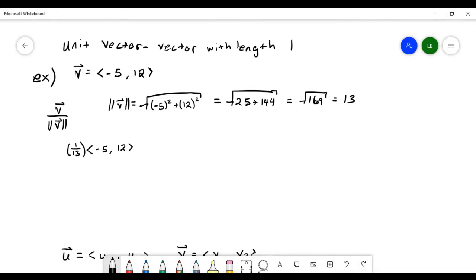And from our previous rules, we know how to multiply a scalar into a vector. So then our unit vector would be -5 over 13, we just multiply the 1 over 13 in, 12 over 13. And that would be our unit vector in the same direction as v. Make sense?